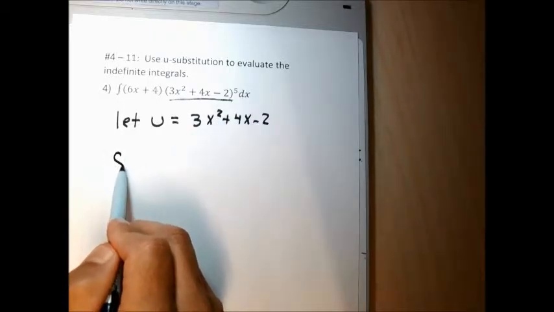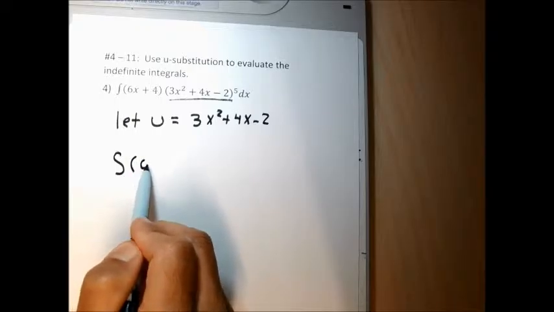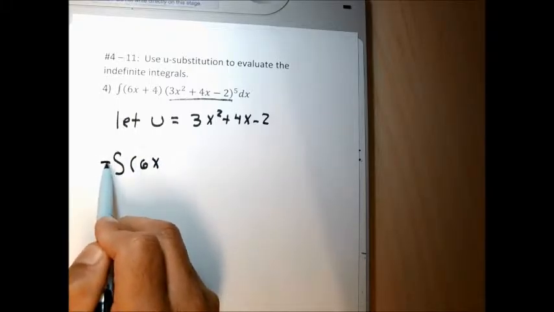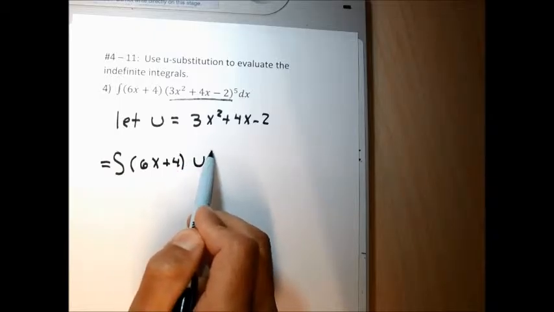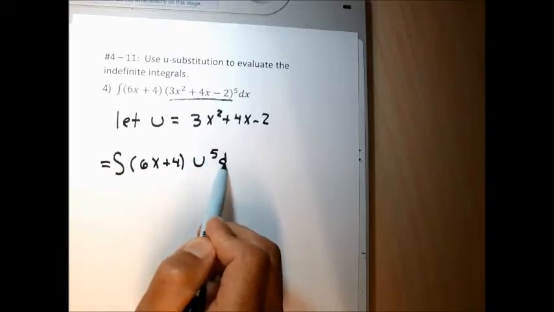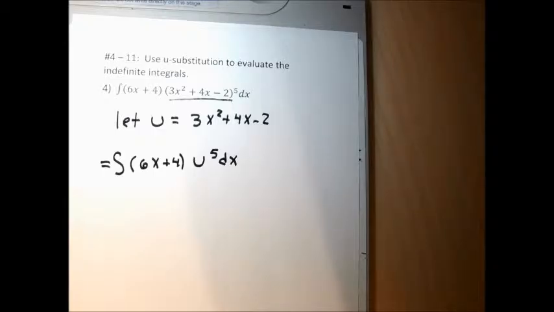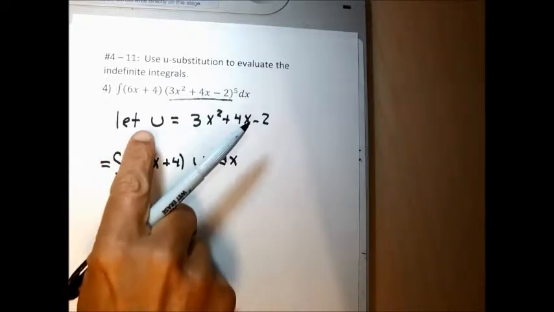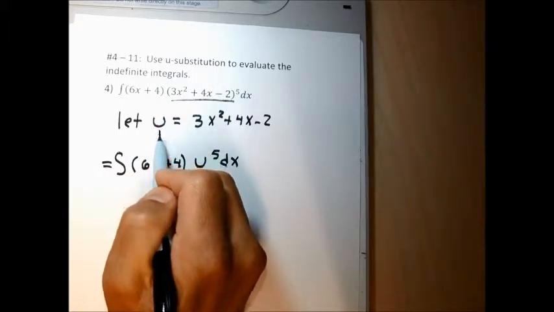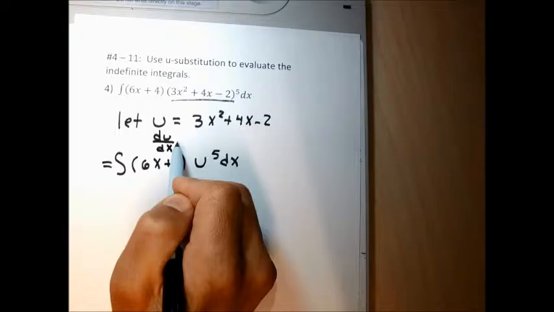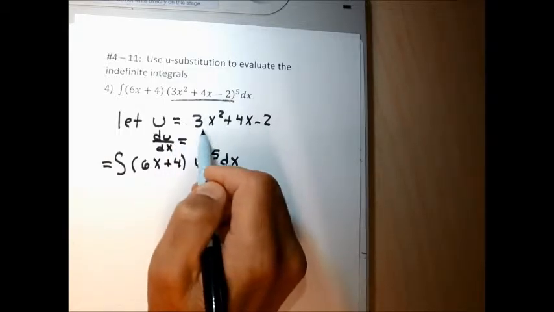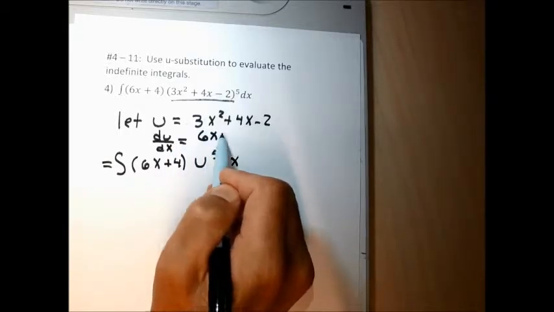And what that would make happen is you'd get the integral of 6x plus 4 times u to the 5th dx as your rewrite. And that's not really that great. I couldn't integrate that. So I'm going to take the derivative, and on this side we'll get a du dx, and on the right side I get a 6x plus 4.